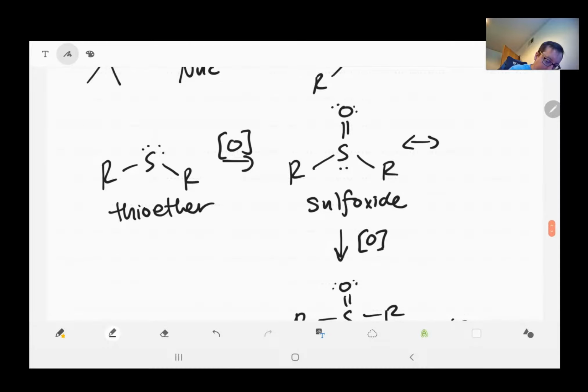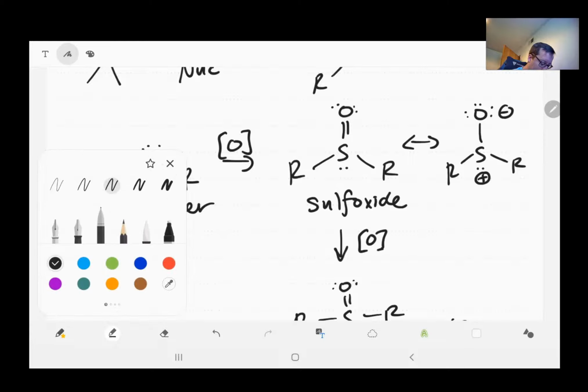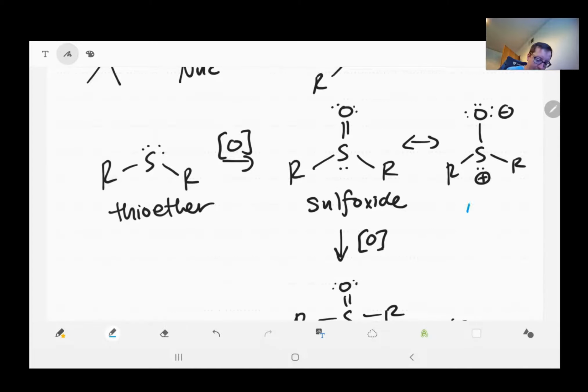You'll see that if we just resonate this guy, we see this is actually closer to reality. Even though we typically draw them as double bonds because we are taught, in Lewis structures, we want to minimize formal charges. Formal charges are bad. The reality of the bond length and the polarity of this does indicate that it's closer to having full charges than it is to having partial charges.